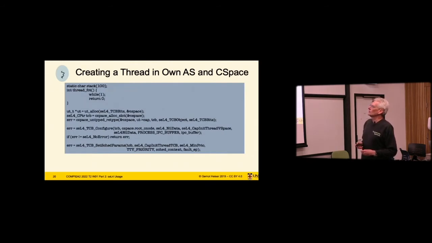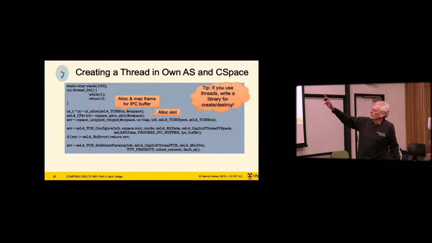So there's a trivial example of a thread function up there, which just has an endless loop. And in order to create that, we map a frame for the IPC buffer. We allocate a slot in the C space, and then some untyped gets retyped into a TCB object, and then we use the configure operation to give it these attributes it needs, including a V space and a C space and the exception handlers.